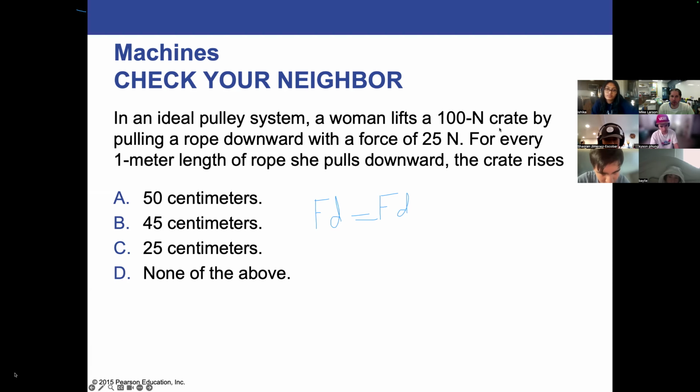So if she lifts a 100 Newton crate by pulling down with 25 Newtons, that's 25 Newtons of force times the distance it goes, this would be D1, for example, equals, it's a 100 Newton crate, so the output is 100 Newtons of force times distance 2. And what you'll find is that the ratio of distance 1 to distance 2 is 25 to 100. So it is C, 25 centimeters. Good job.